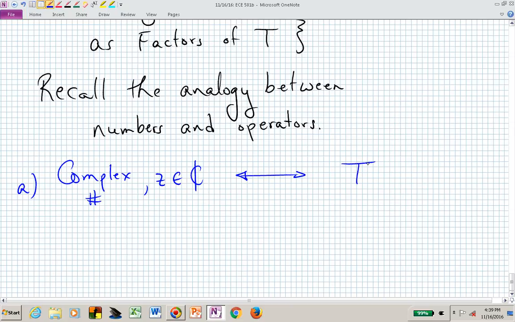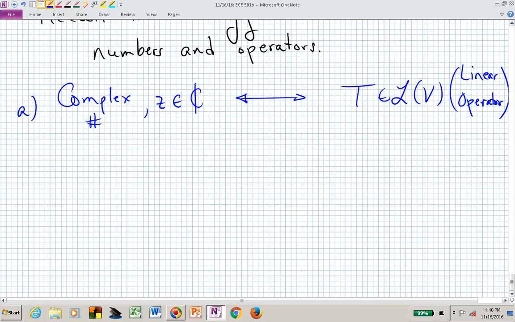That we simply said was this generic operator T. T is now this linear operator on V. That was the start of our analogy process.